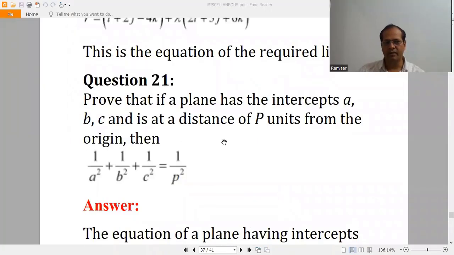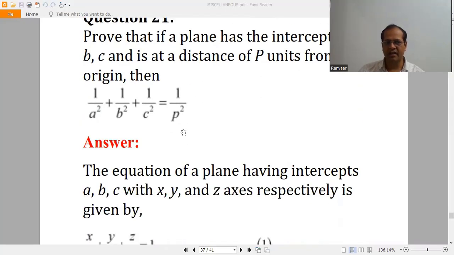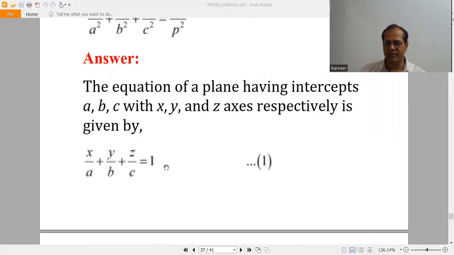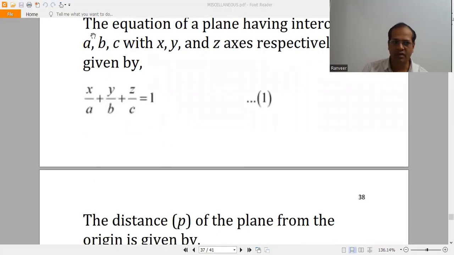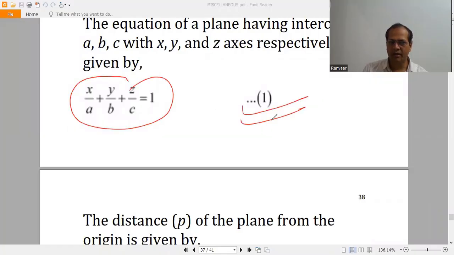Question number 21. Prove that if a plane has intercepts a, b and c and its distance from the origin is p units, then this is the value, and this we have to prove. Now the equation of the plane having intercepts a, b, c on the x, y, z axes respectively is, as we already know, x by a plus y by b plus z by c equal to 1.